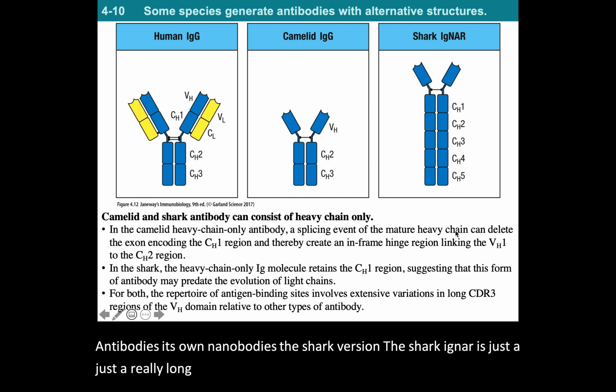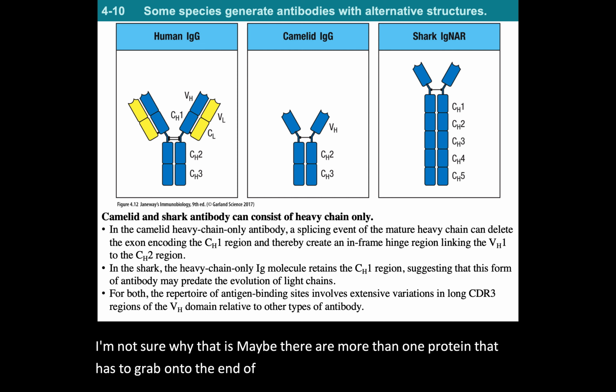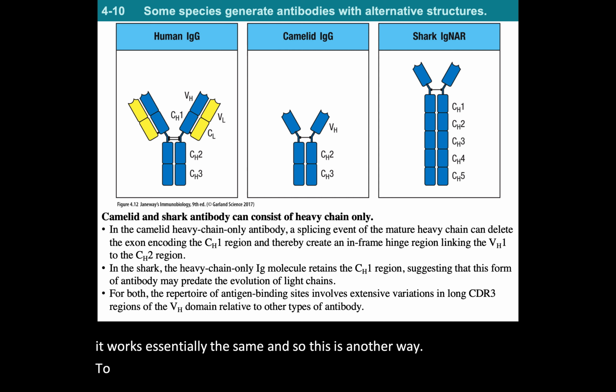It's got a whole lot of constant region on it, and I'm not sure why that is. Maybe there are more than one protein that has to grab onto the end of this thing. But yeah, you can see the end of it works essentially the same. And so this is another way to make antibodies that are just on one chain and can be a little bit more useful for biotechnology applications.